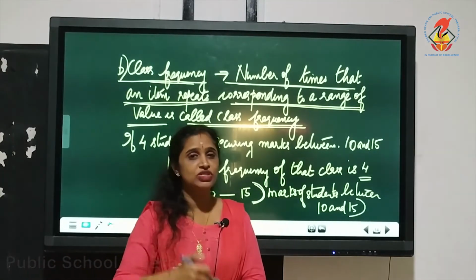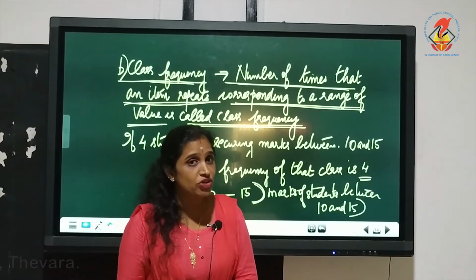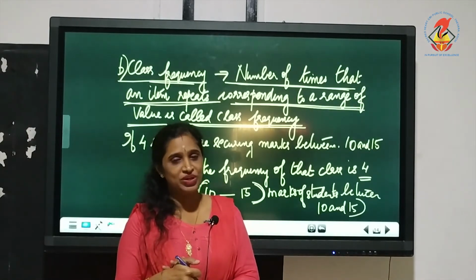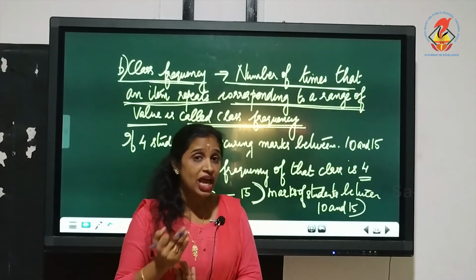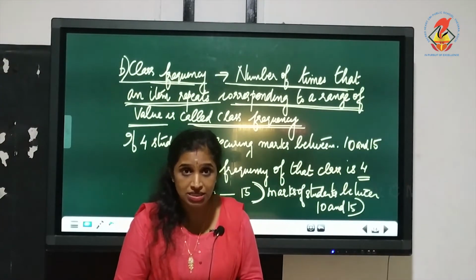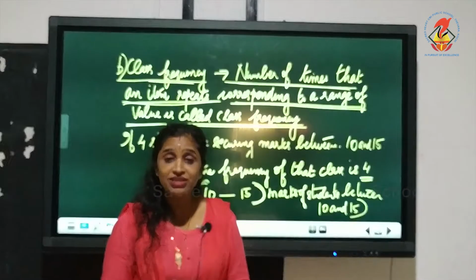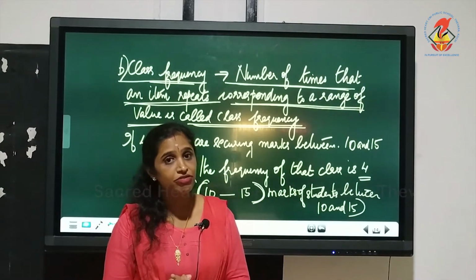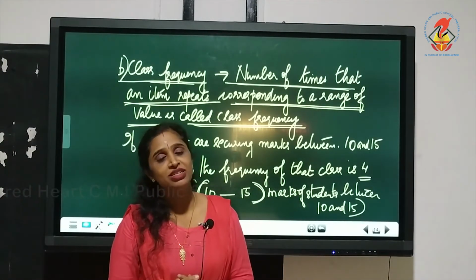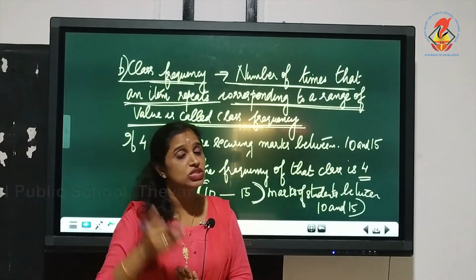How many students have secured marks between 10 and 15? 4 students. So what is the frequency of that range of values? 4. That is known as class frequency. So here the frequency is 4, and what is the class here? The range of values is known as the class, which is 10 to 15 here. Marks between 10 and 15, we will write in the form of 10 to 15. So marks between 10 and 15, 10 to 15, is the class. So what is the frequency of that class?